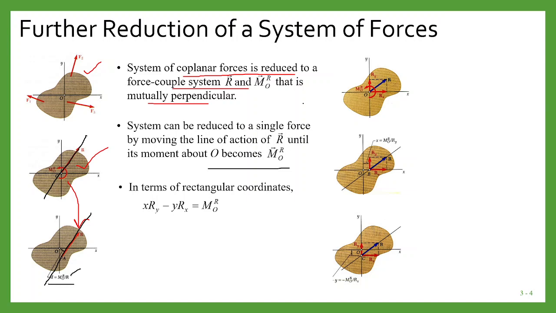We can do this in terms of components also. Suppose this is our force couple system, and now you can reduce this force into two components, Rx and Ry. So we can move these two components here. This system of two components Rx and Ry plus a moment is reduced to a force system having components Rx and Ry.